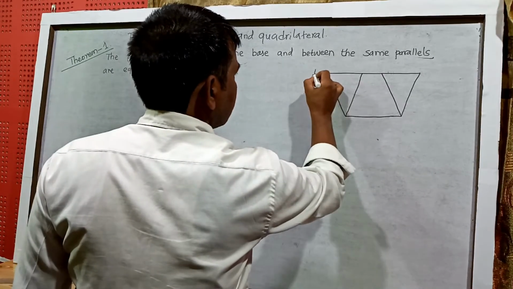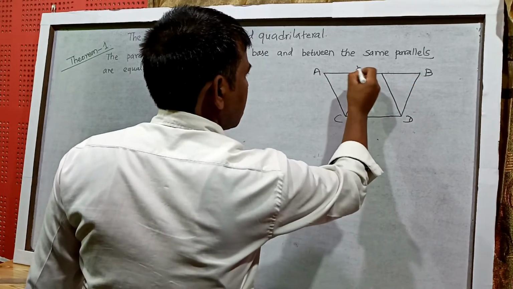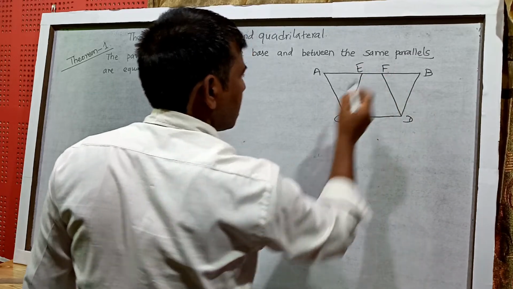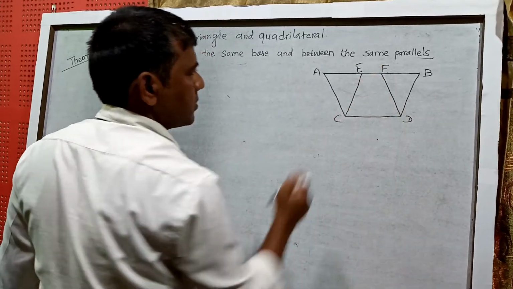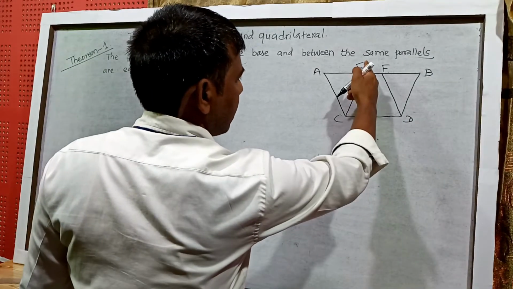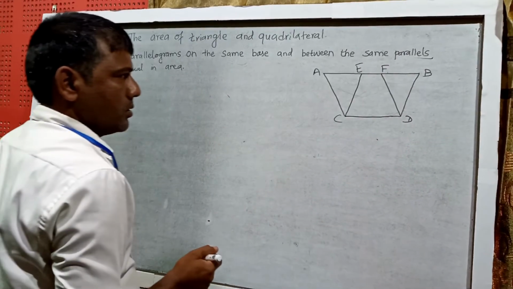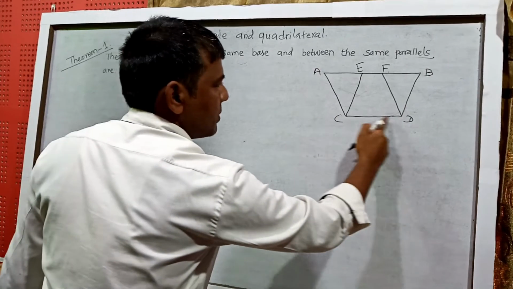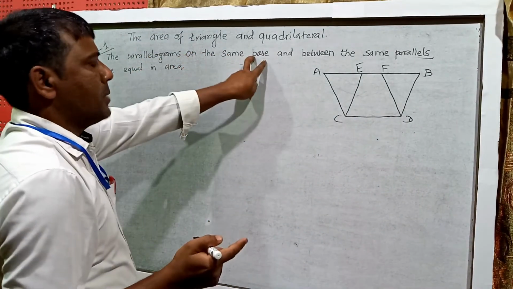Here, two parallelograms ACDF and ECDB are standing on the same base CD. According to the statement, parallelograms on the same base.